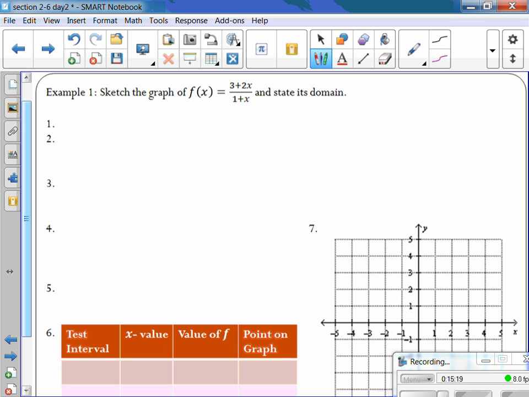All right, and it is as simple as it is. So what about the domain? The denominator can't equal 0. So she said 1 plus x cannot equal 0, giving all real numbers except for -1.